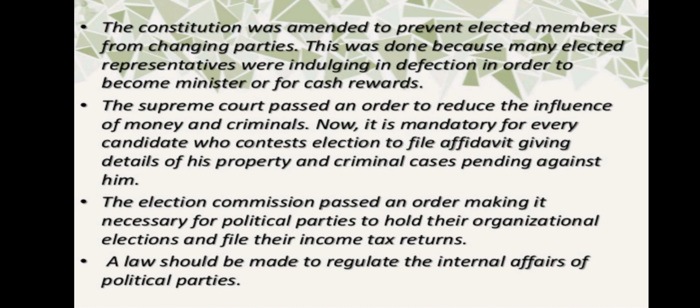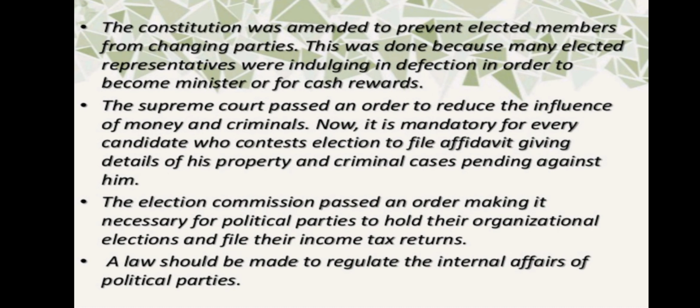A law has been made, and that law is called the anti-defection law. In that, if an MP or MLA changes party, he or she will lose the seat in the legislature. This new law has helped bring defection down. At the same time, it has made dissent even more difficult. MPs and MLAs have to accept whatever the party leaders decide.